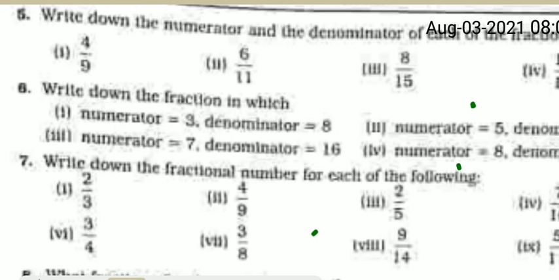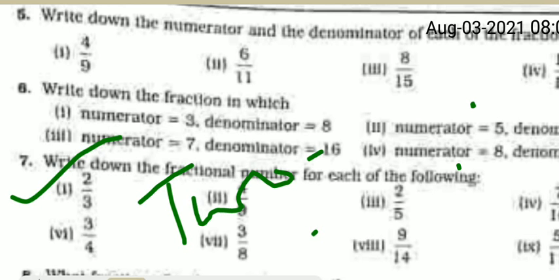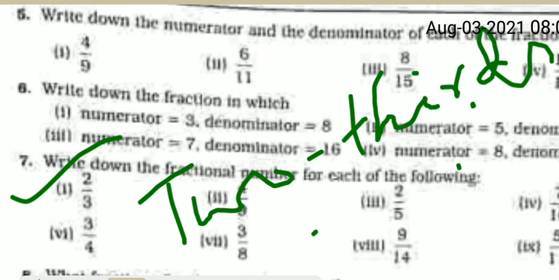Next one, question number 7. Write down the fractional number for each of the following. So fractional number, first one is 2 by 3, so you have to write as 2/3. For the first one you have to write 2, give a hyphen, then write thirds, THIRDS, 2/3.